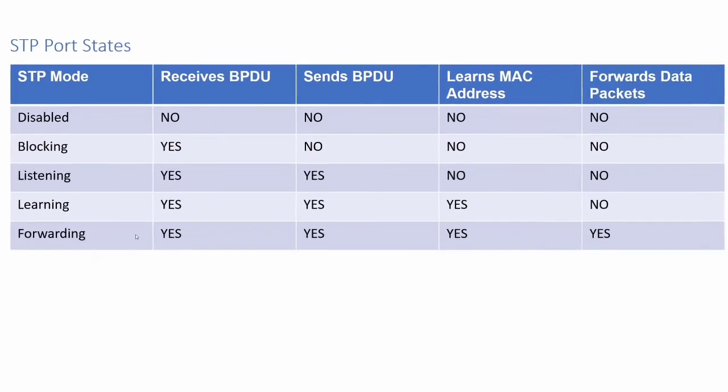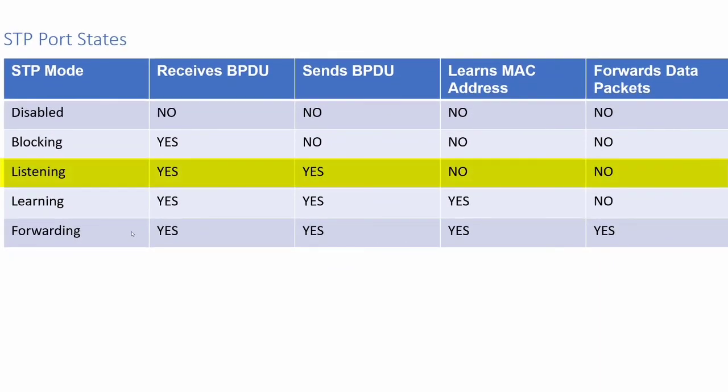Now, when a port transitions to listening, it needs to let the network know what it knows. So in addition to receiving BPDUs, it will also send BPDUs, but it's still not going to learn MAC addresses or forward data packets.